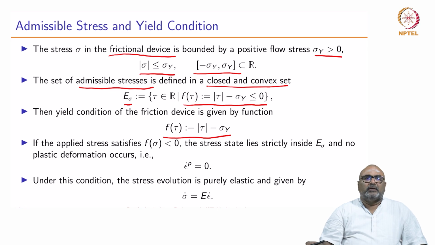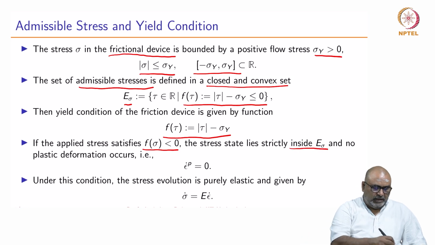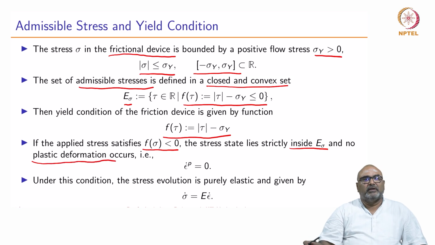So, when tau becomes equal to sigma y, then there is a movement or slip in the frictional device. If f of sigma is less than 0, or is negative, then the stress state lies strictly inside the admissible stress region, and no plastic deformation or slipping of the frictional device is taking place.